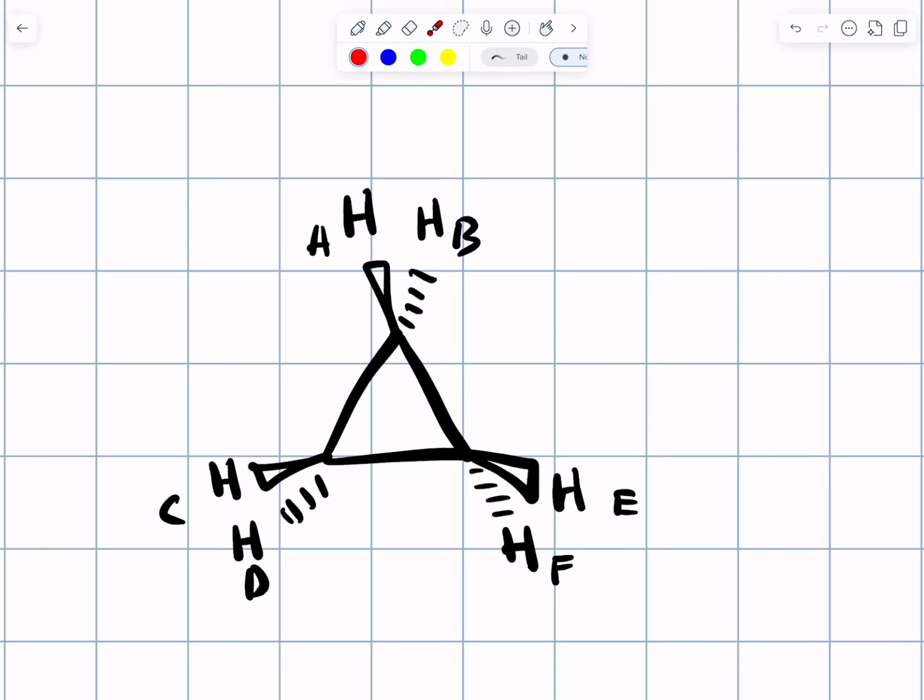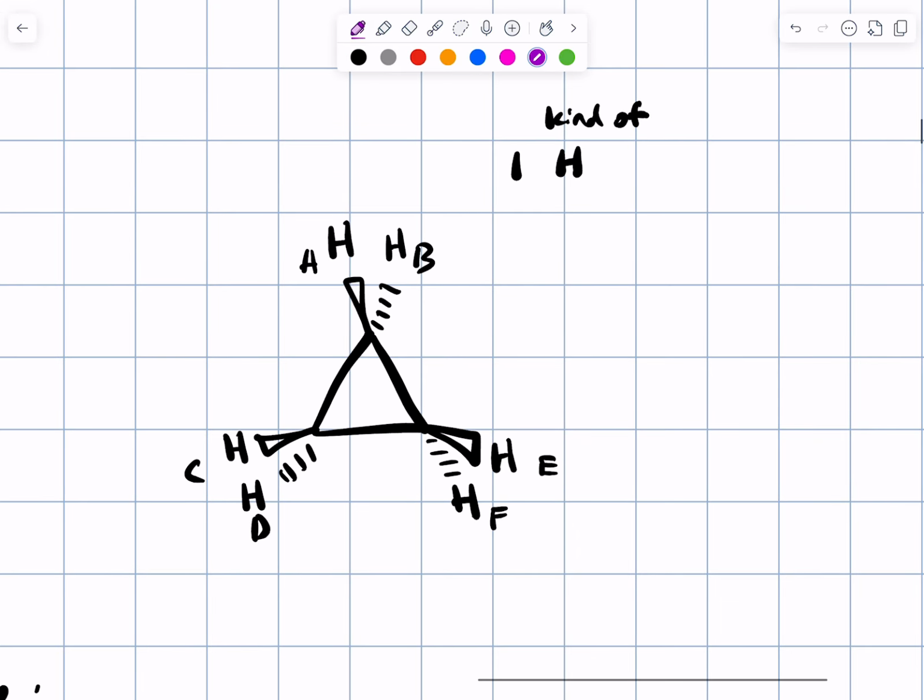Some of you were saying 4. Some of you were saying less than 4. Some of you were saying 1. Okay. The ones are right. There is only one kind of proton, and one NMR signal in cyclopropane. Let's see why that's true. And let's see what kind of same they are.